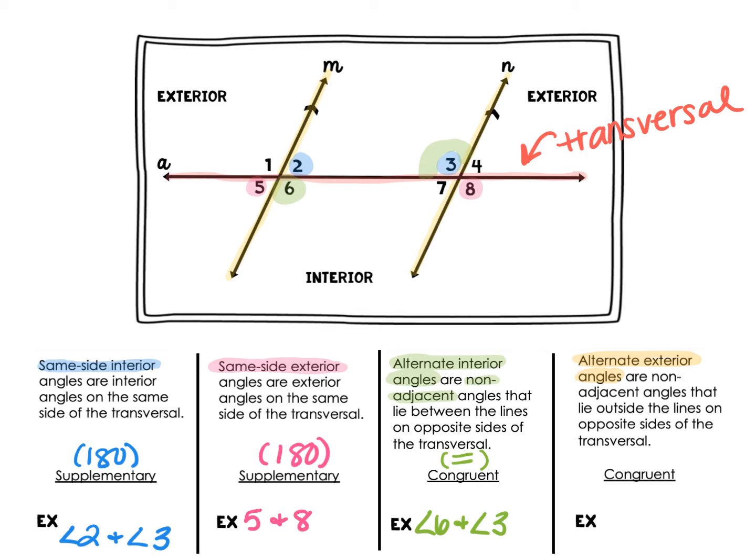So if I'm looking at angle 4, the non-adjacent angle that's also outside the parallel lines and on the opposite side of the transversal would be angle 5. So angle 5 and angle 4 would be a set of alternate exterior angles. And these are congruent, which means that they would be set equal to each other.